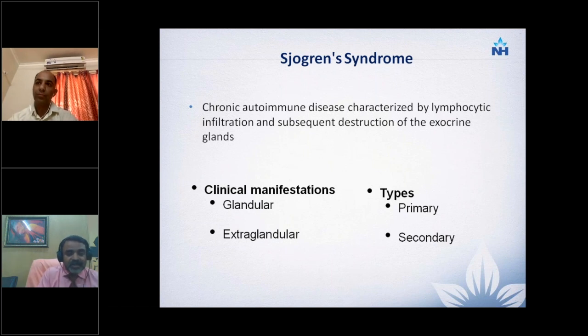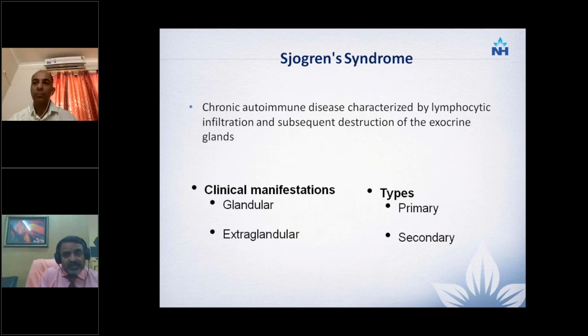As Dr. Naveen was telling, sometimes patients may present with ILD as lung involvement, in the form of lymphocytic interstitial pneumonitis or non-specific interstitial pneumonitis.